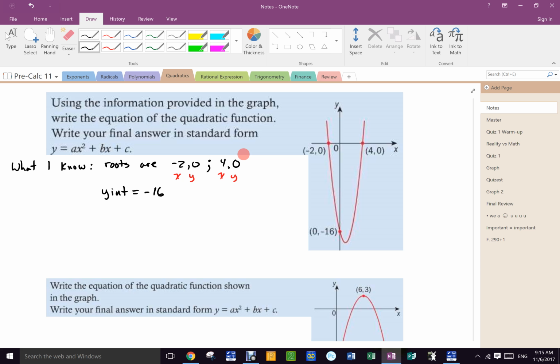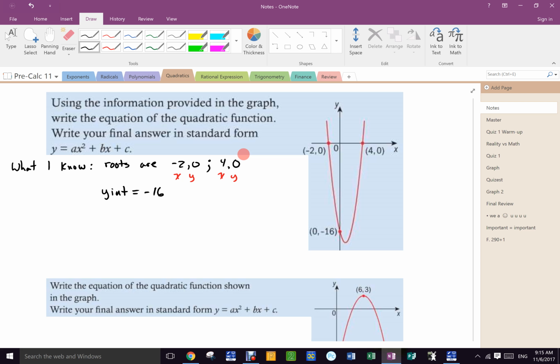Page 110. What one of those 3 things uses the roots? Factored form uses the roots.